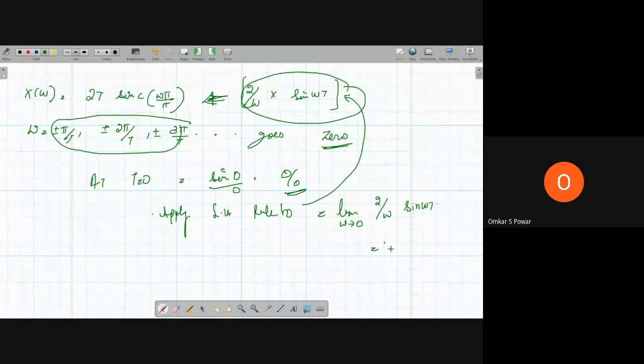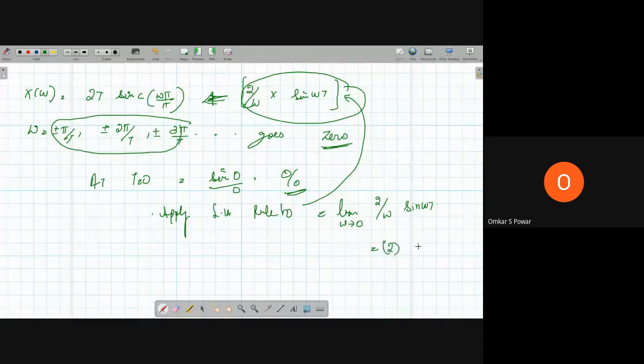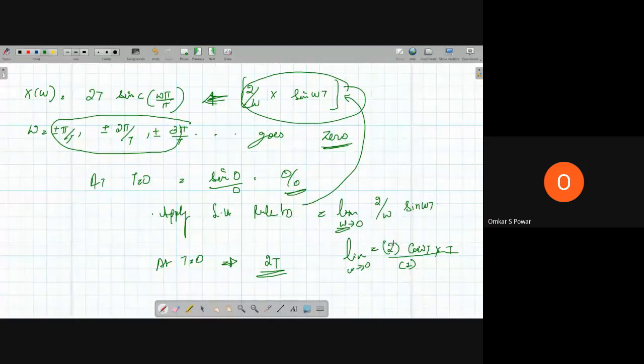So differentiation of the numerator 2 will be as it is, and sine omega t becomes cos omega t into t, because you are differentiating with respect to omega, and the differentiation of the denominator omega is 1. So at omega equal to 0, the value of the function will be 2 into t, because as omega tends to 0, cos 0 is 1. So it will be 2t.